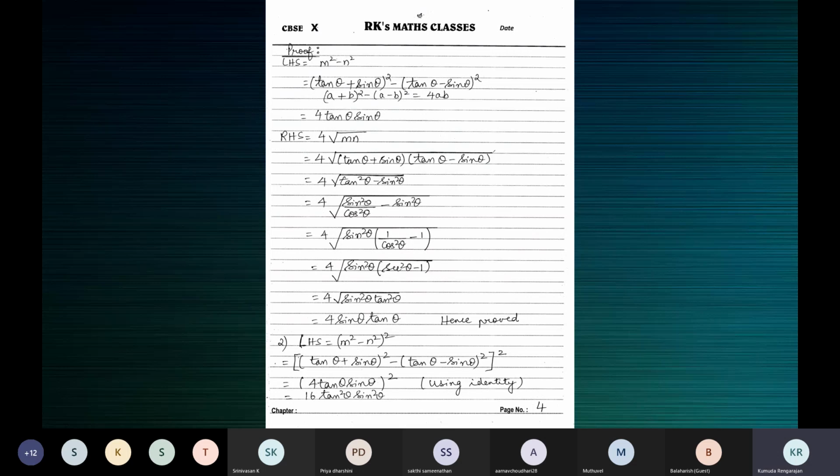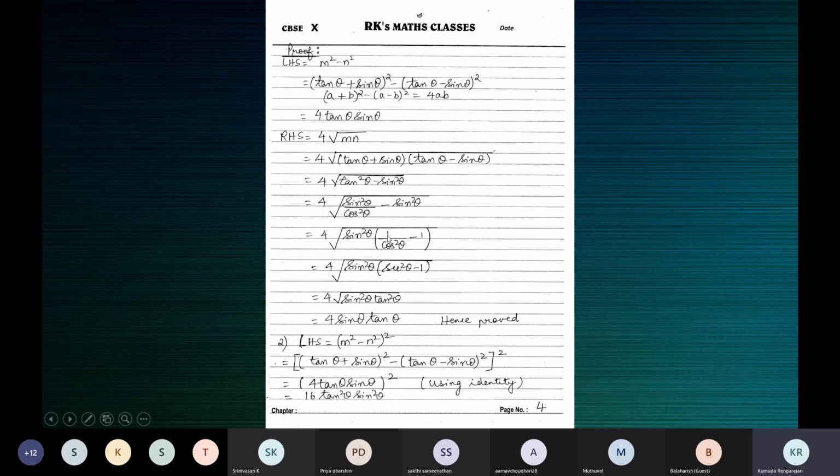I'll share the picture on WhatsApp. It's just that you're doing that in your mind. 1 by cos square theta is what? What is 1 by cos square theta? Secant square theta. So you're working that in your mind. Secant square theta minus 1 will give us tan square theta.